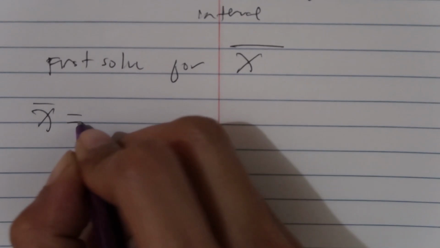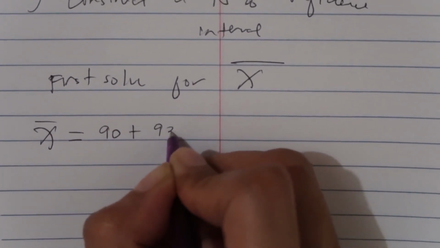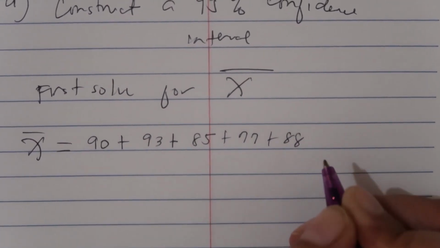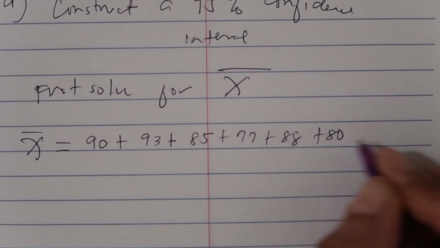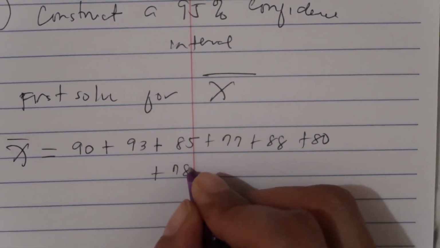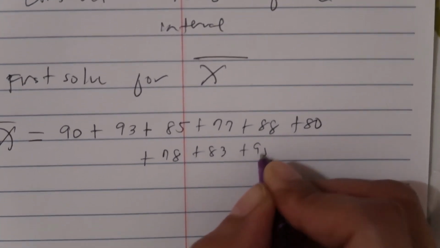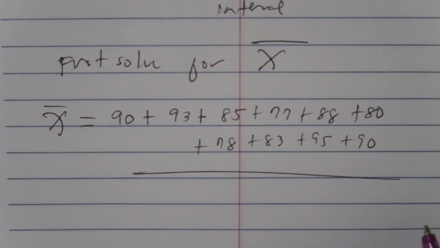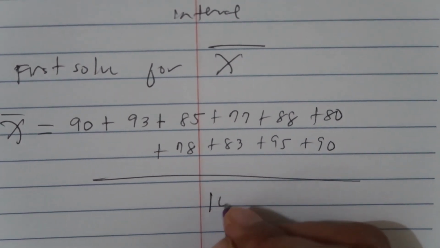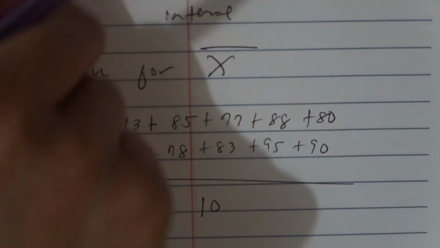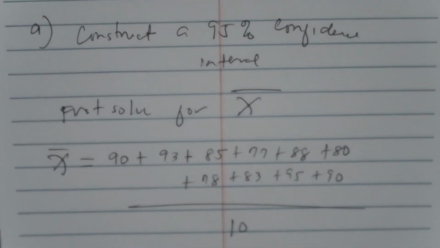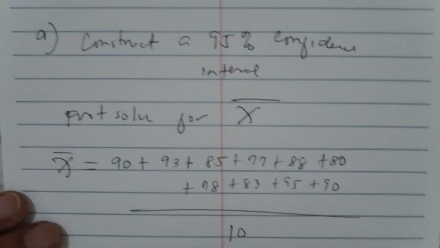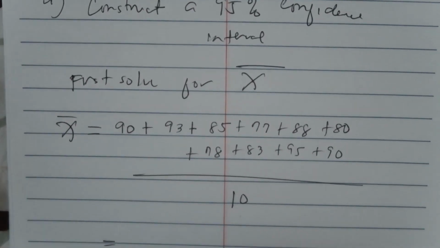So the mean is equal to 90 plus 93 plus 85 plus 77 plus 88 plus 80 plus 78 plus 83 plus 95 plus 90 divided by the total number, which is 10. So how do you do that? Get a calculator.